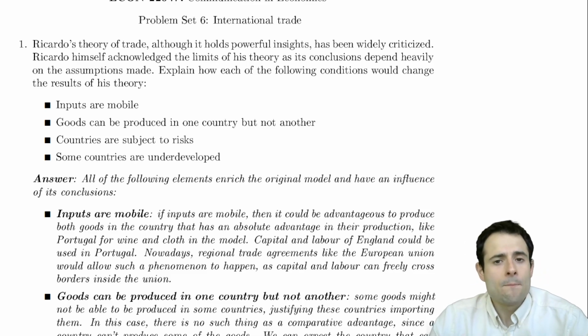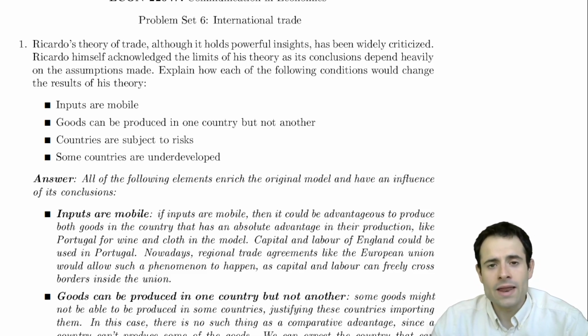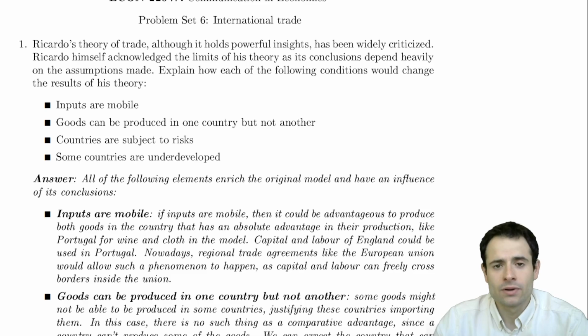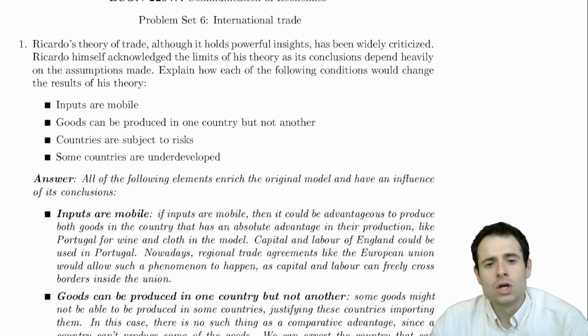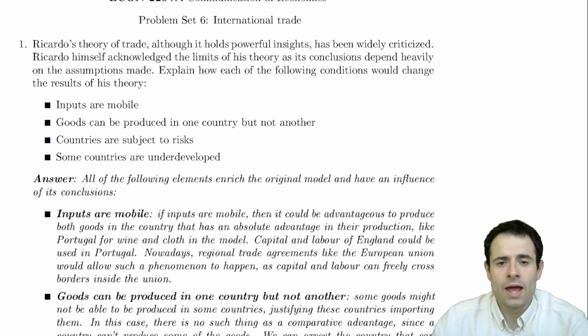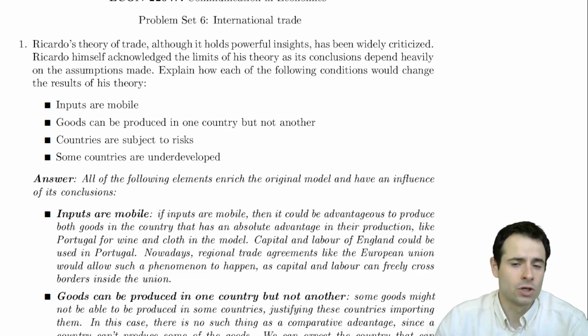Capital and labor of England could be used in Portugal. Nowadays, many countries have signed regional trade agreements like the European Union, and that would allow such a phenomenon to happen. English labor and capital could flow to Portugal, where those inputs would be rewarded, and then Portugal will be the one producing both goods.